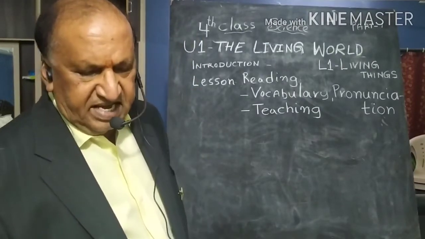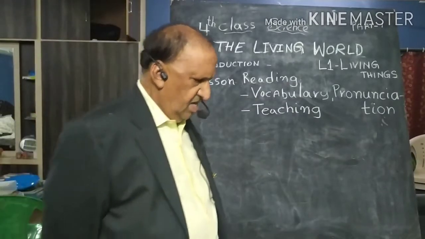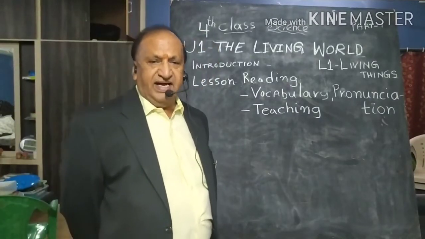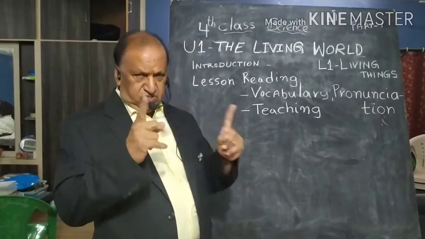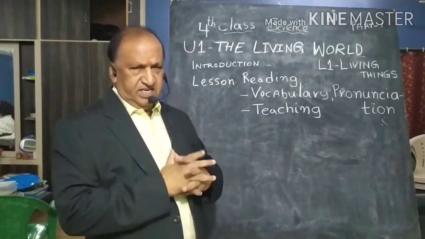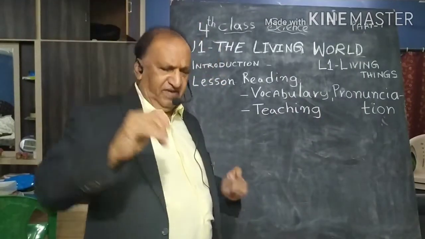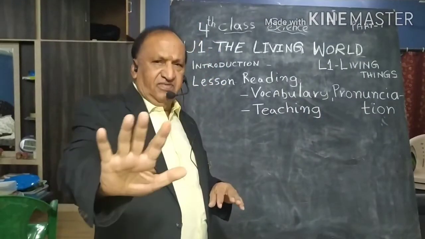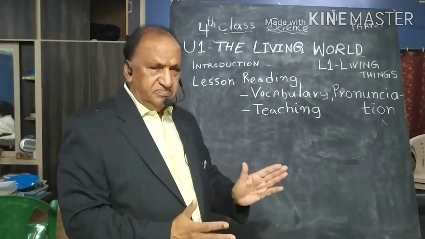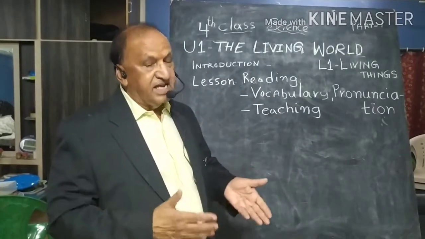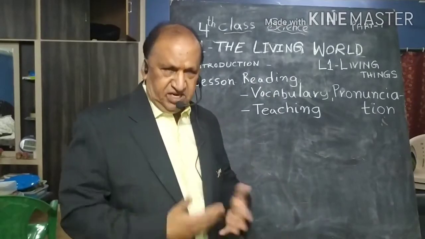Here the summary is: things are divided into two categories. One is living, another one is non-living. If you take non-living, there are natural, that means they are already there as part of nature.